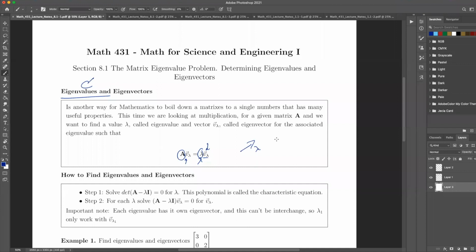So if I had an eigenvector of (1, 1), that means I have a vector in this direction, and if I had an eigenvalue of 4, multiplying A times our eigenvector would be the same thing as just multiplying the vector by 4. It's kind of a way of saying in this direction, the whole matrix acts like 4.